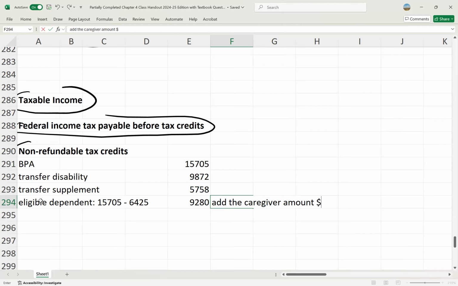And that caregiver amount was 2,616. But the way the legislation reads is that if you're claiming eligible dependent for a child under 18, which Cynthia is, and that child has an infirmity, which she does, then rather than add the caregiver amount to the eligible dependent, you claim it separately for the Canada Caregiver under 18.